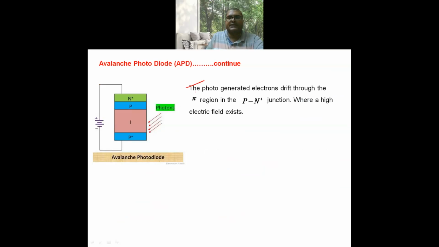Now, the photo-generated carriers drift through the pi region into the P n plus region where a high electric field exists. The generated electron will enter into the P n plus region.